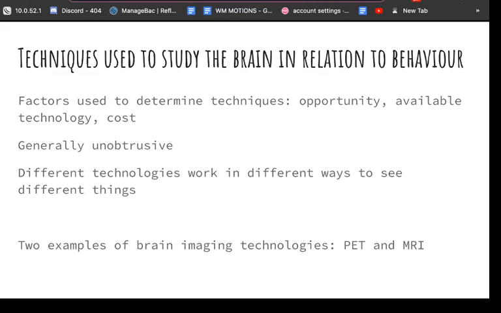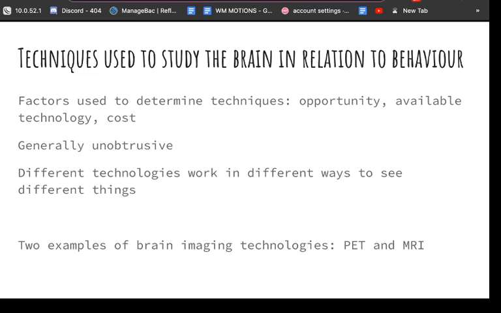Generally, as a scientist or a researcher in psychology, one of the most important factors to determine which technique you're going to use depends on your research: how your research is going to be, first of all, the available technology we have right now, and finally cost, because using these techniques can be very costly, especially if you're doing something like brain imaging techniques.